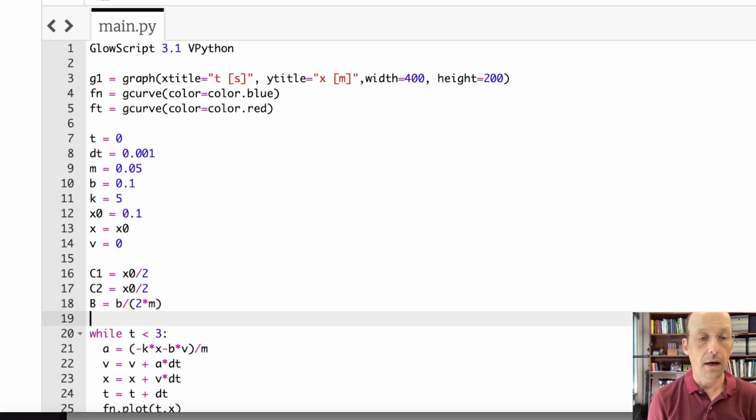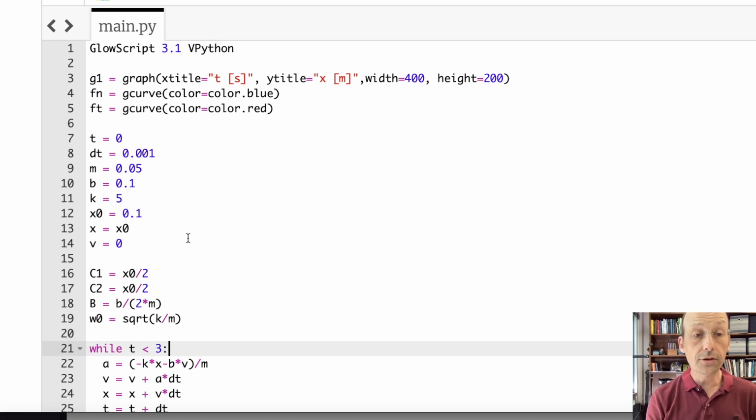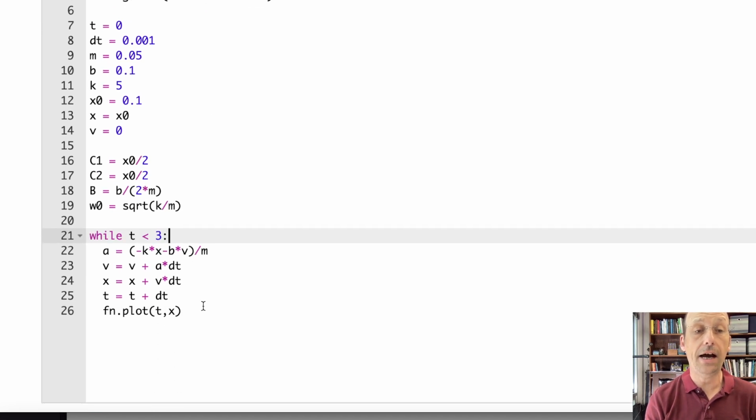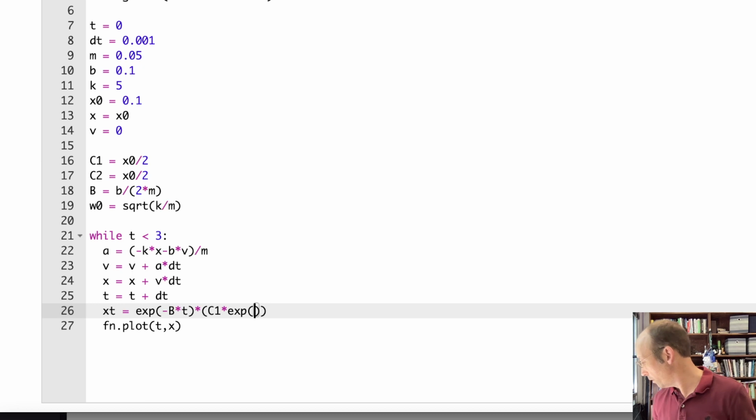And then I need omega naught. Omega 0 is going to be the square root of k over m. So now I have all my parameters. I can calculate the theoretical x. I'm going to call it xt, and it's going to be equal to, it's exponential, I think, negative beta times t times c1 times exponential of, what would it say?